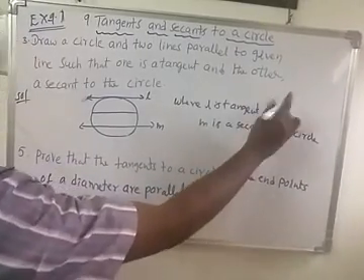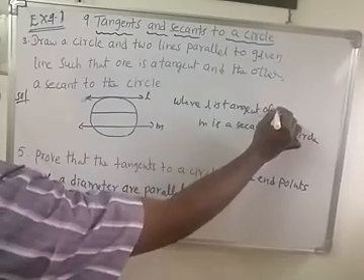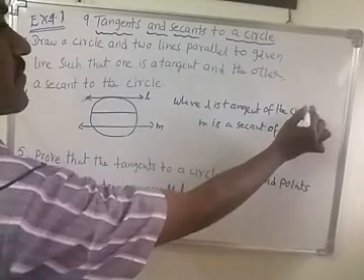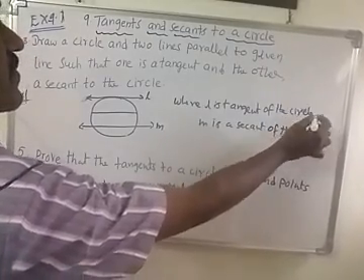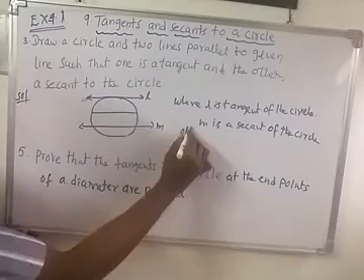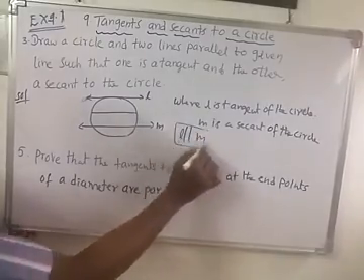So here this is the tangent of the circle. Okay, right. So both are parallel. L is parallel to M.